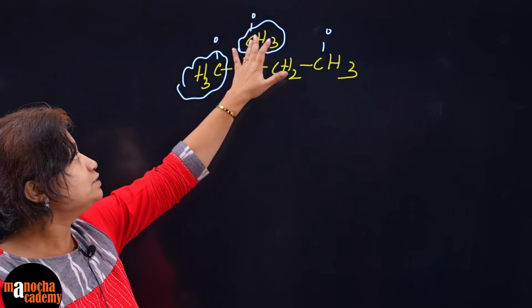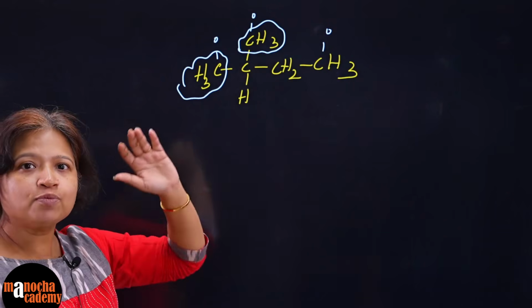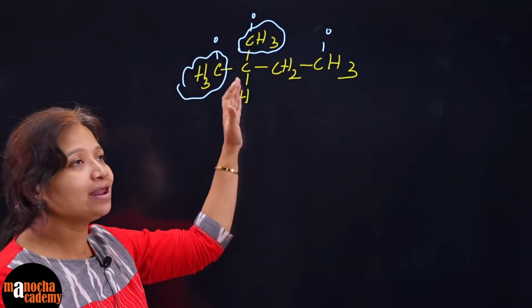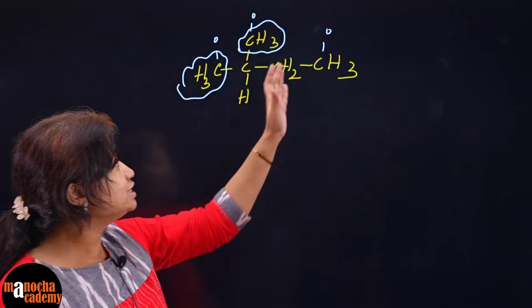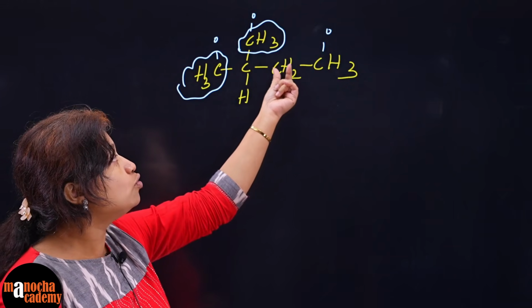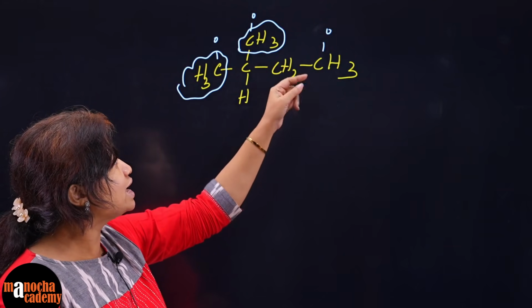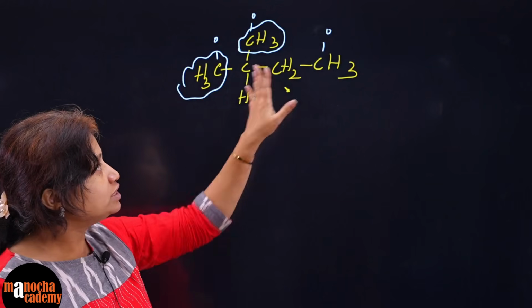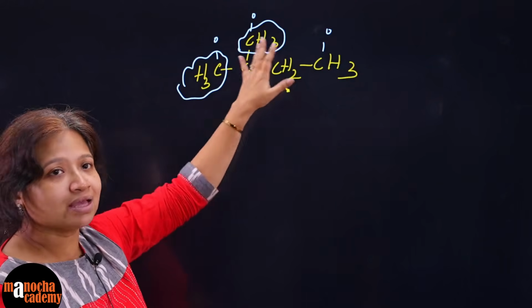Similarly, this methyl is also bonded to a carbon bonded to a methyl, ethyl and hydrogen. But you look at this methyl group. This methyl is bonded to a carbon bonded to 2 hydrogens as well as this group. So you see this methyl is different from these 2 methyls.